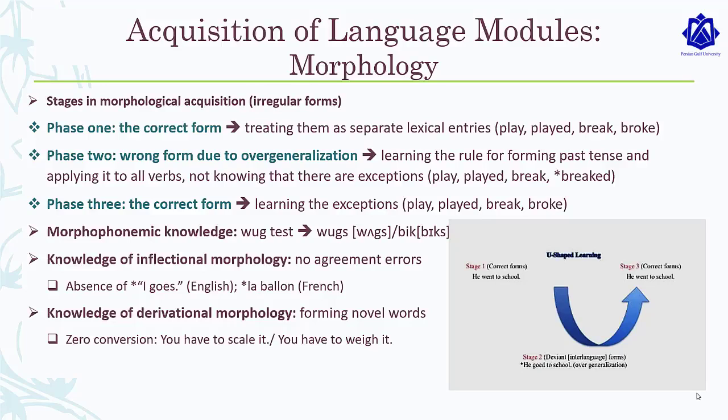Based on the studies that have been done, children start with the correct form, which is phase 1. And they would say, he went to school, or he bought the book. In the same way that they would use play and played and break and broke, they would be the same.